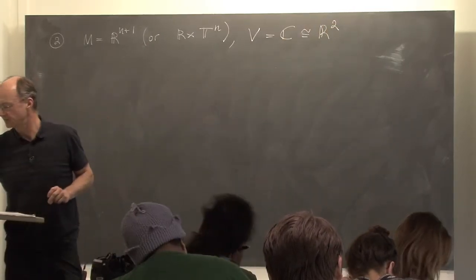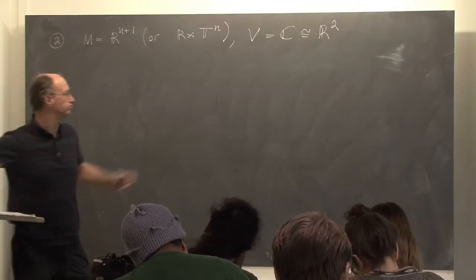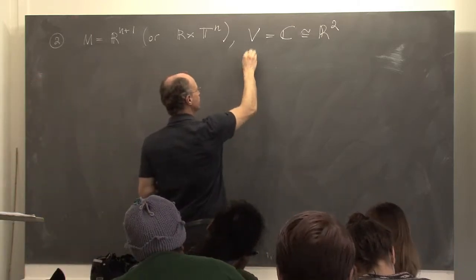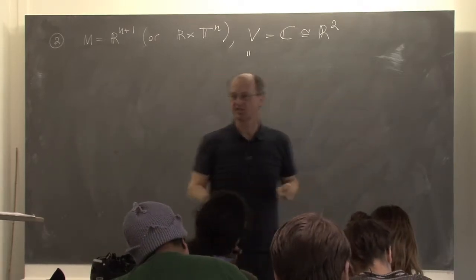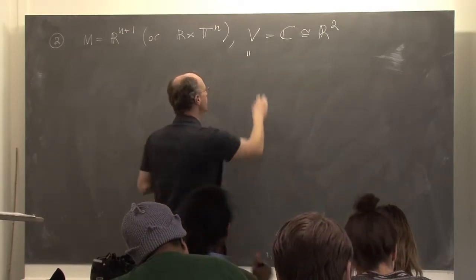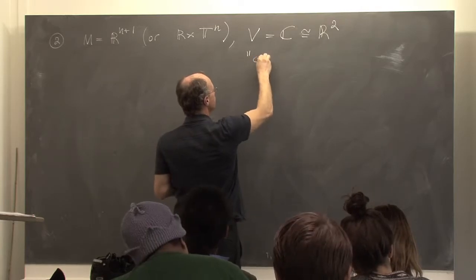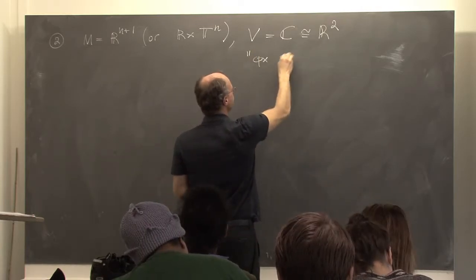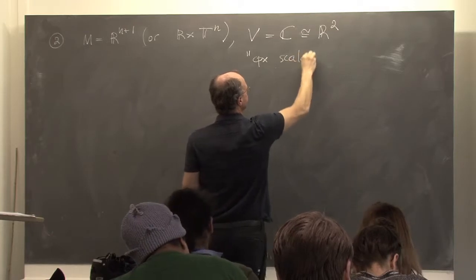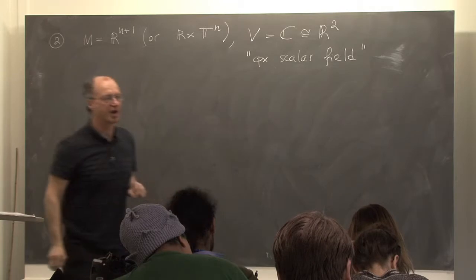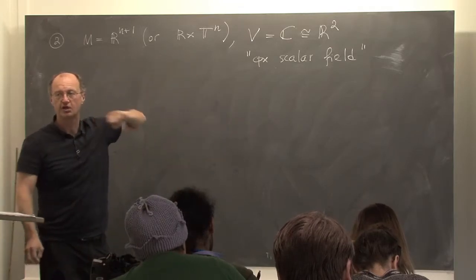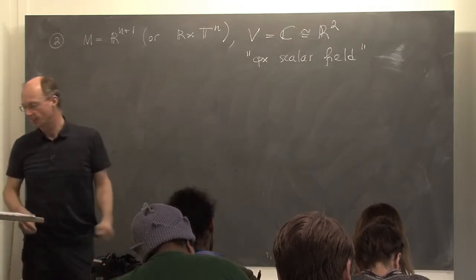Sometimes in physics you would have the following words. We know if V is equal to R, physicists say it's a scalar field. So this is what they call a complex scalar field. So maps with values in R^2 that we can identify with C if you want.